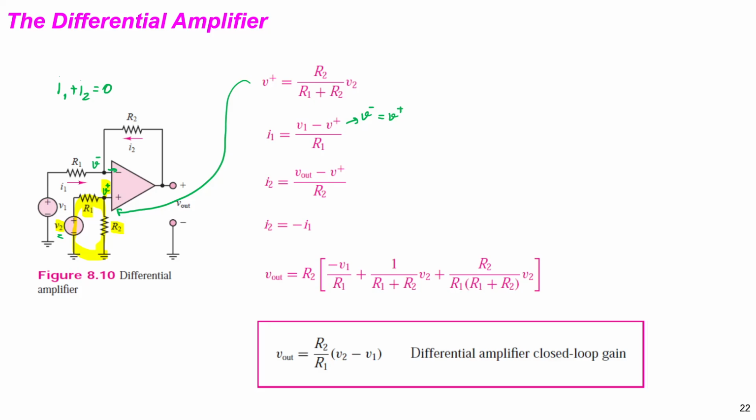I1 is V1 minus the voltage, and these two pins get the same voltage, divided by R1. And V out minus V positive divided by R2 here.